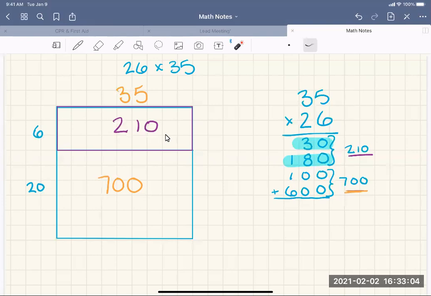Okay, so our steps for our standard algorithm is we're just going to pretend like this 2 isn't even there and multiply this out. And then we're going to do the other side.